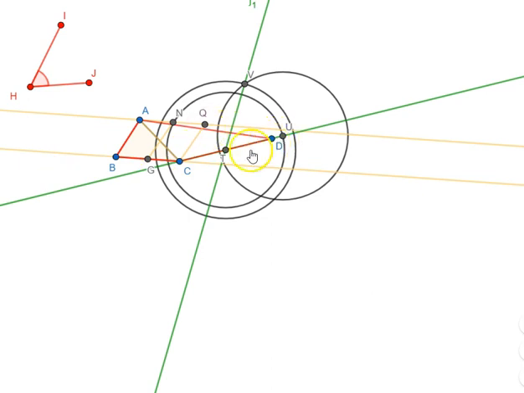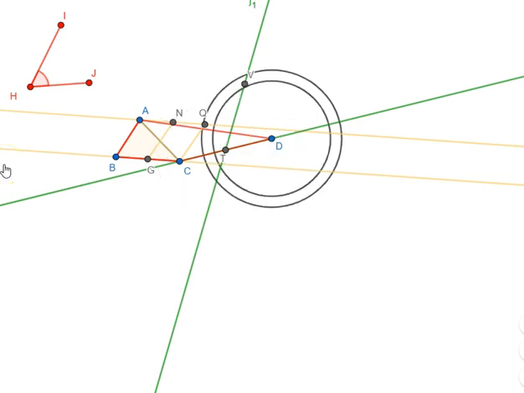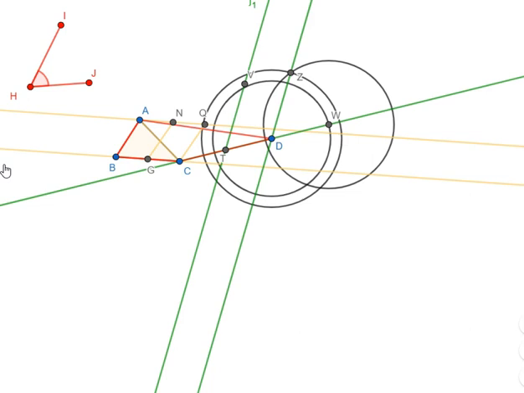Again, we have to draw a line parallel to this line at D. So again, let's hide these circles. So we have got the parallel line.